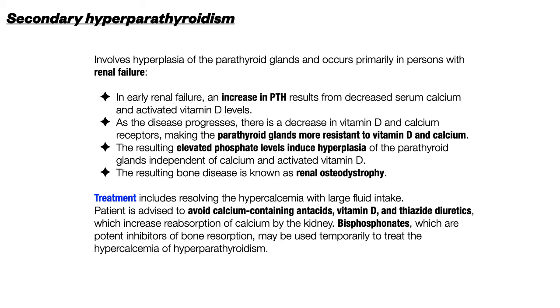Also, bisphosphonates, which are very potent inhibitors of bone resorption, may be used in the short term to treat hypercalcemia and hyperparathyroidism. Remember that bisphosphonates were also used in the case of very severe osteoporosis.